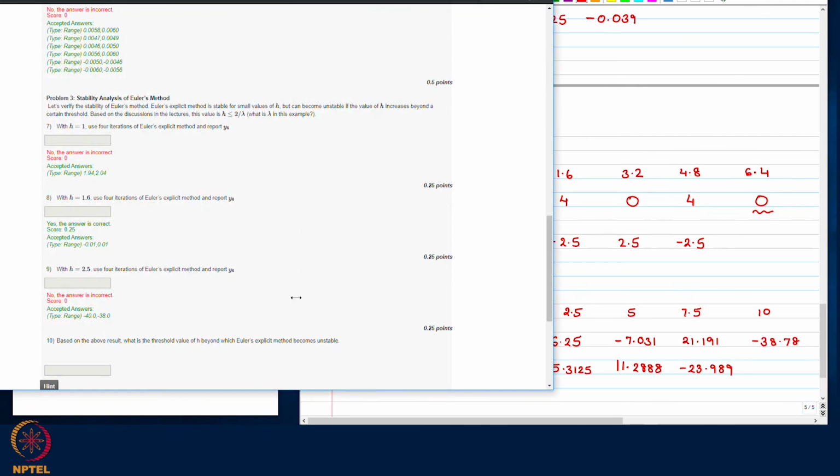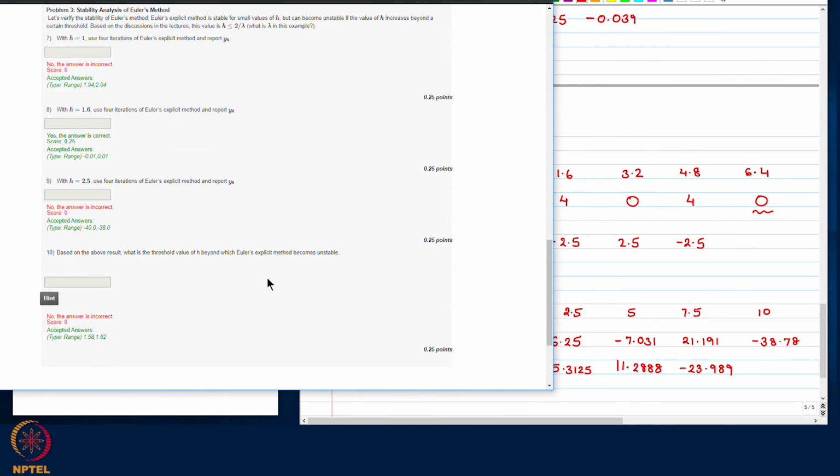You see that the solution of minus 38.8 lies between minus 38 and minus 40. So that is the solution for h equal to 2.5. And what is the value of h beyond which Euler's explicit method becomes unstable? That value of h is 1.6.